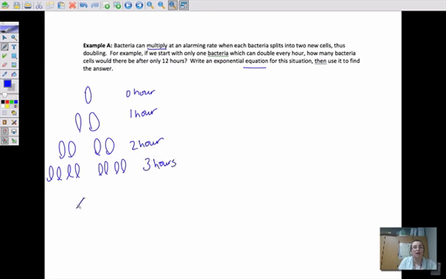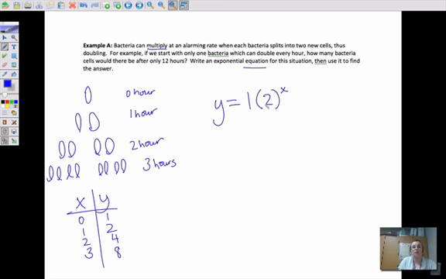Thinking about it in a table, I can look at x as hours and bacteria. There's 1, then there's 2, then 4, then 8. So I'm looking at an equation that is y equals 1 times 2 to the x. I start with 1, I'm doubling every time. Then use it to find the answer.